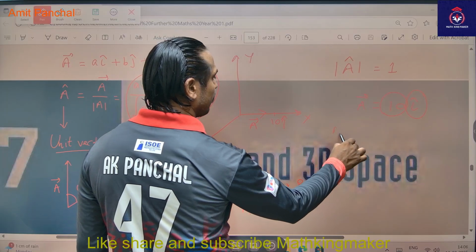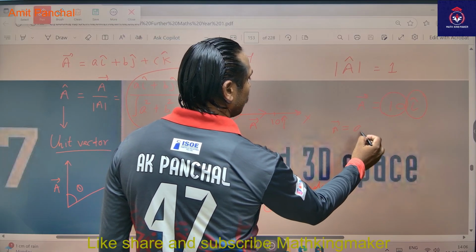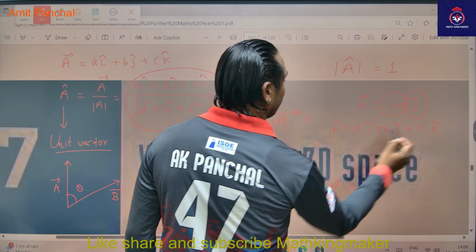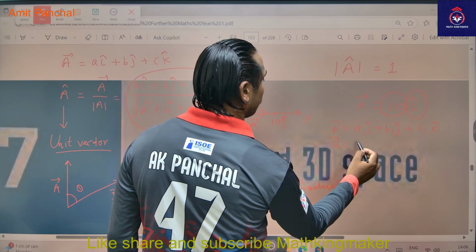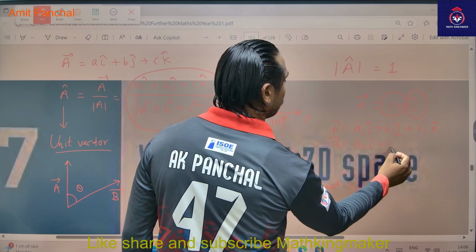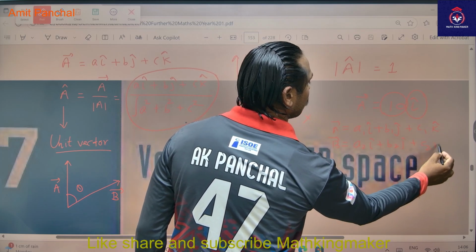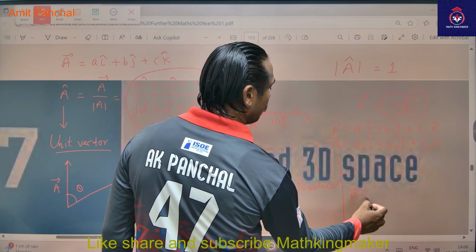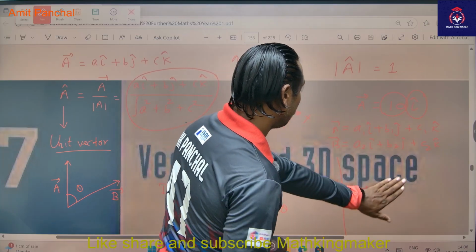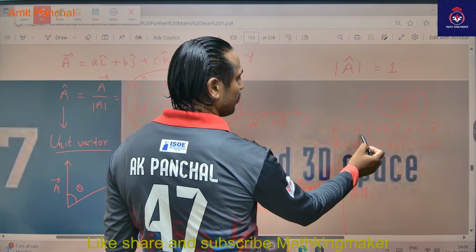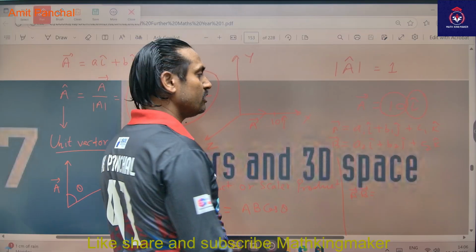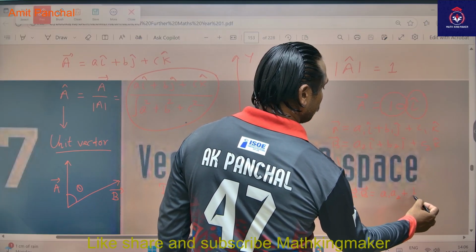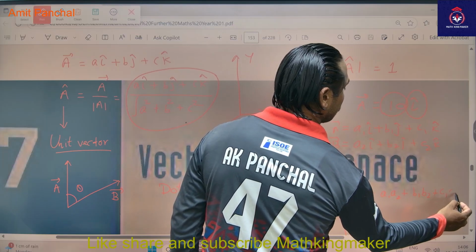If you have a vector a1i plus b1j plus c1k, and the b vector is a2i plus b2j plus c2k, then a dot b is simply the sum of the products of the corresponding coefficients of the unit vectors: a1 a2 plus b1 b2 plus c1 c2.